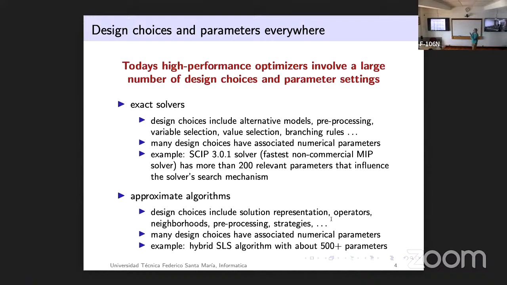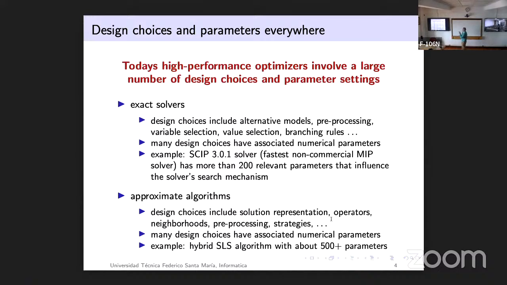And 1,000 seemed like too much for us. Then we were in contact with the developers, and they gave us a list of 200 relevant parameters that influence the solver search mechanism. 200, yeah. So if you take CPLEX or Gurobi, they have about 100 parameters.